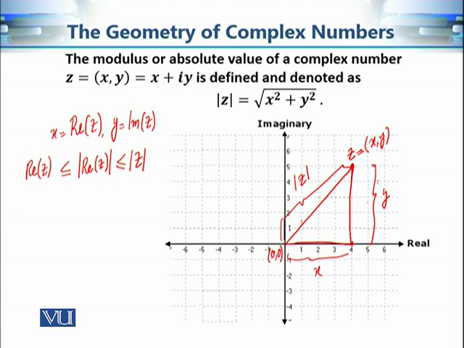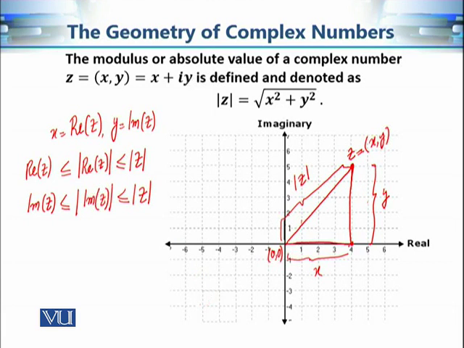And similarly, we can say the same statement about y. So y is basically the imaginary part of z, so we can say that the imaginary part of z is less than or equal to the absolute value of the imaginary part of z, and since the perpendicular of a triangle is less than or equal to the hypotenuse, this is less than or equal to the modulus of z.